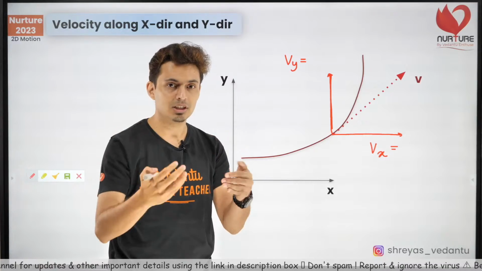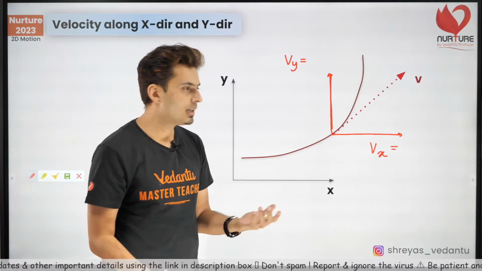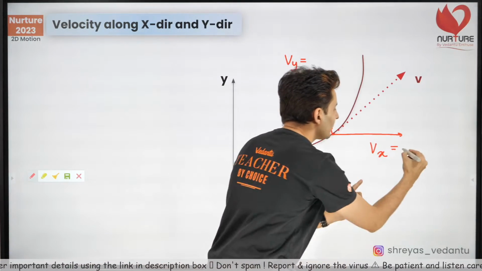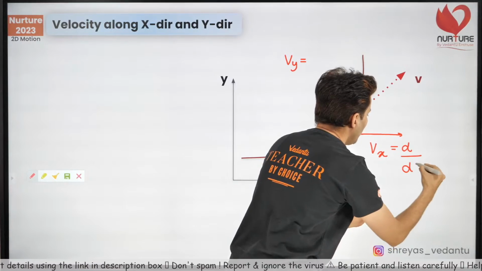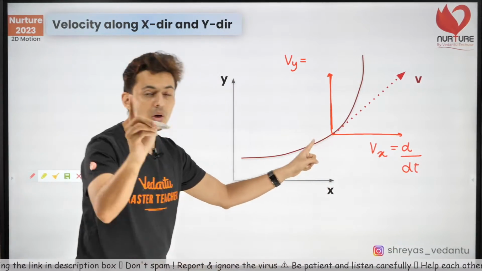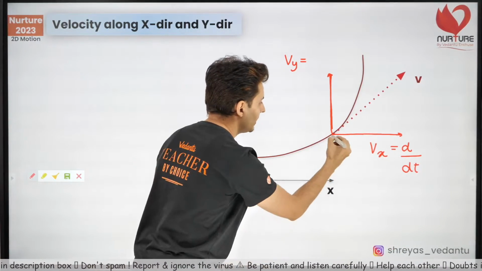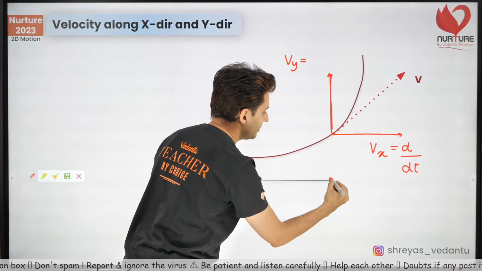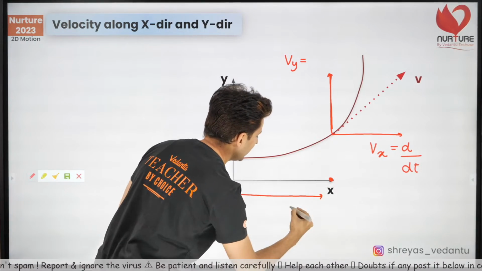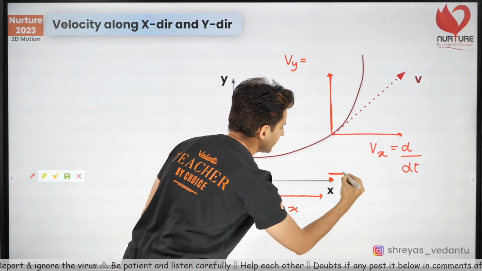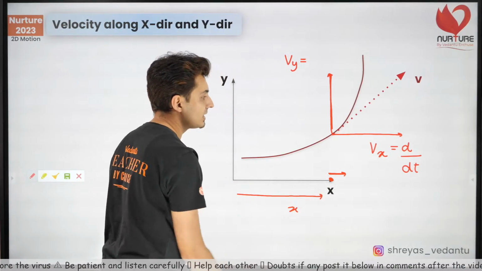Velocity was the rate of change of position or displacement, right? So x velocity will be d by dt of which component? Think this way. This x velocity has come because the x coordinate was changing.